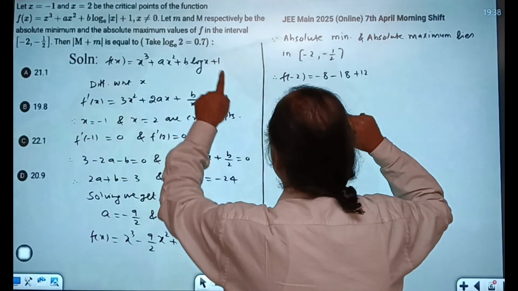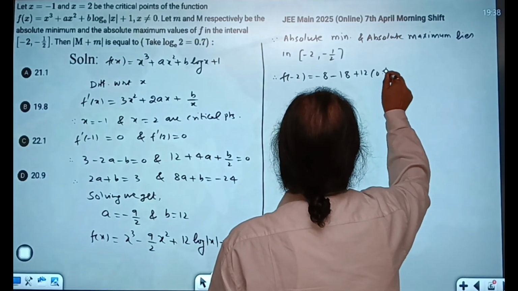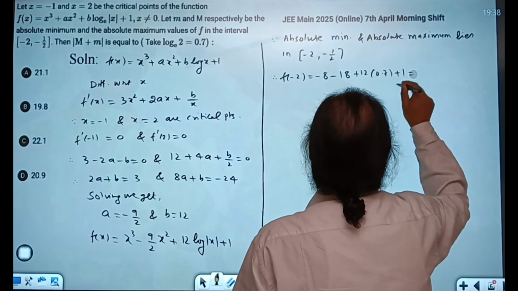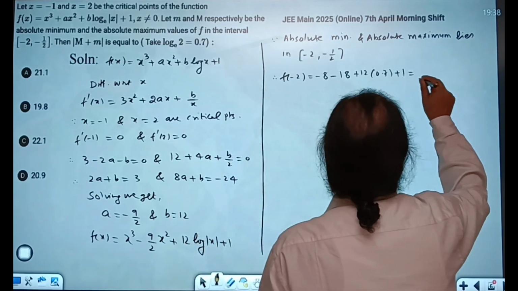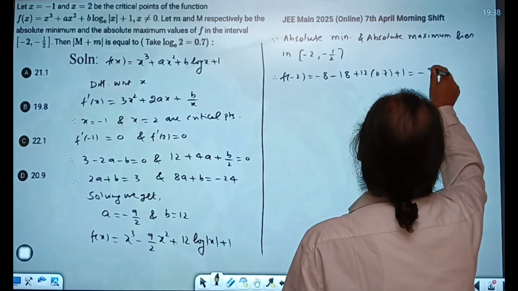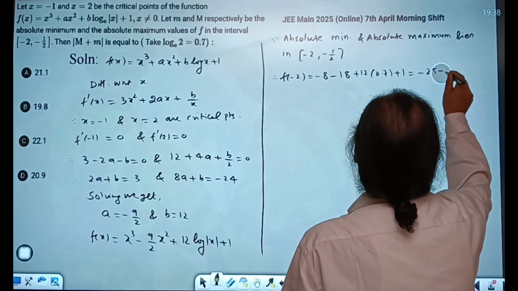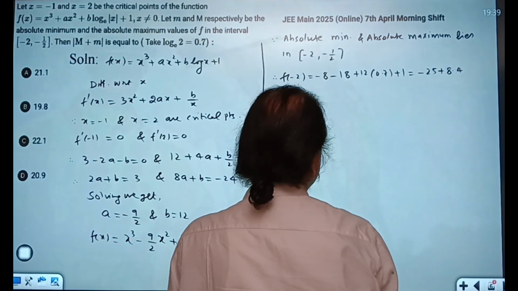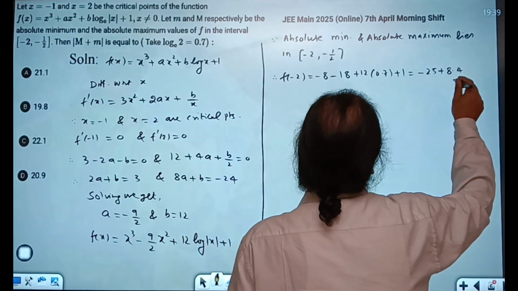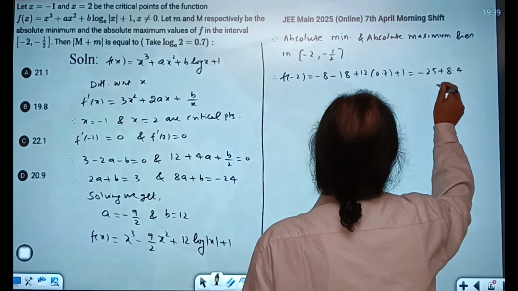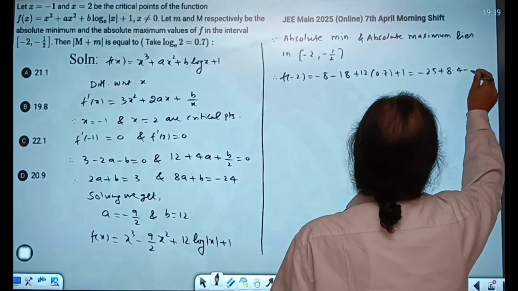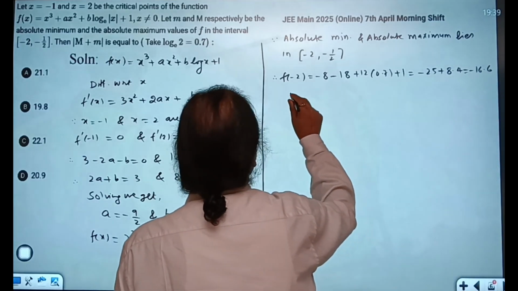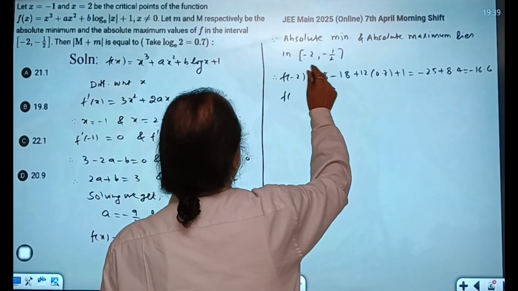Log 2 is 0.7, plus 1 will give you minus 26 plus 1, which is minus 25 plus 8.4, minus 16.6. And in between this is what?